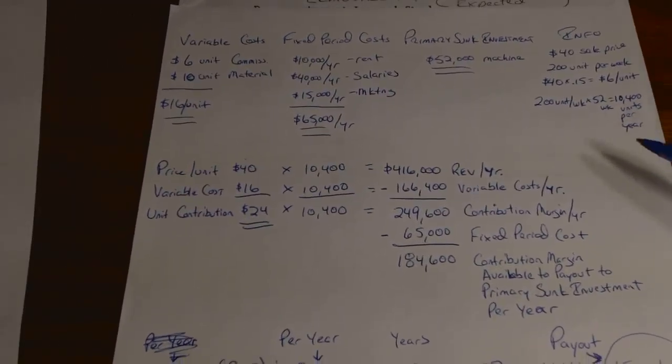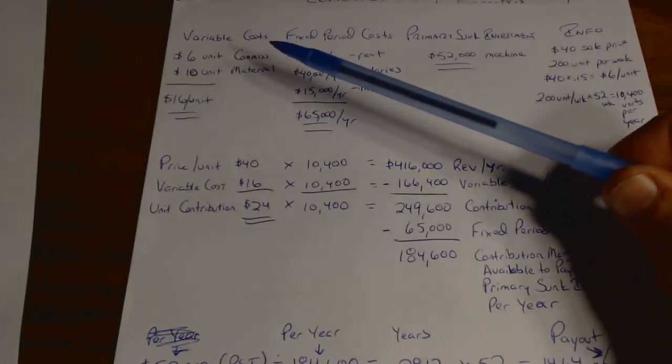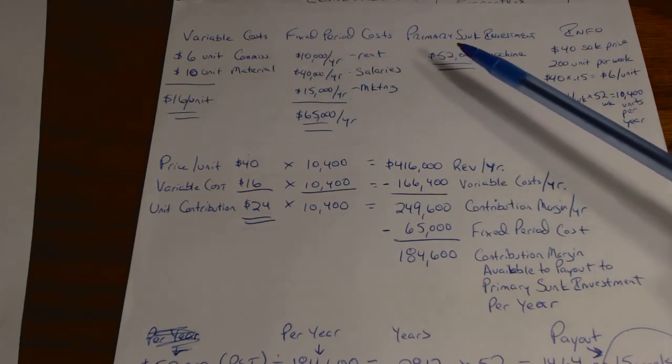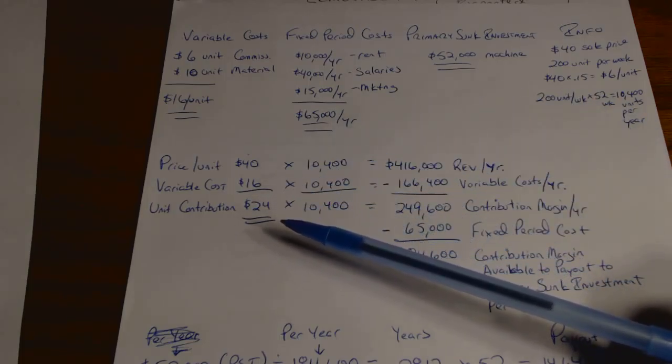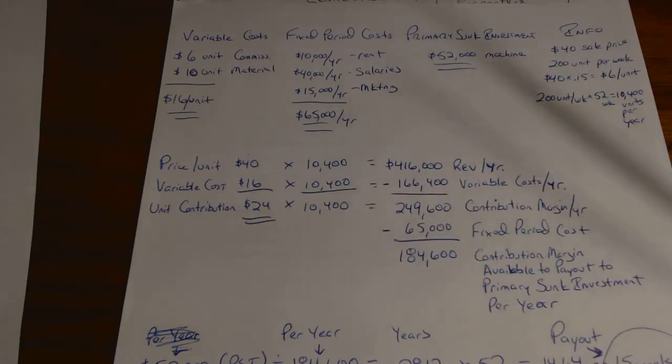But when you're figuring out the problems, separate the variable costs, the fixed period costs, the primary sunk investment, and the general information so that you can figure out the contribution margin. You can figure out the break even, which is the fixed period cost divided by the unit contribution. They may want it in weeks, they may want it in months.